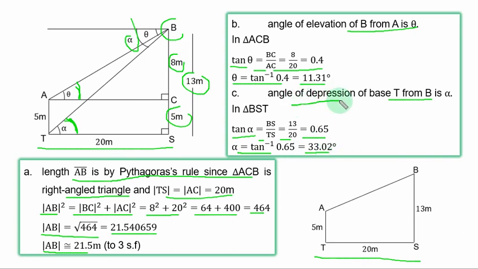Angle of depression of base T from B, you go to B, but we cannot obtain alpha from this side. It has to be from the side of elevation because it is equal to the angle of depression.